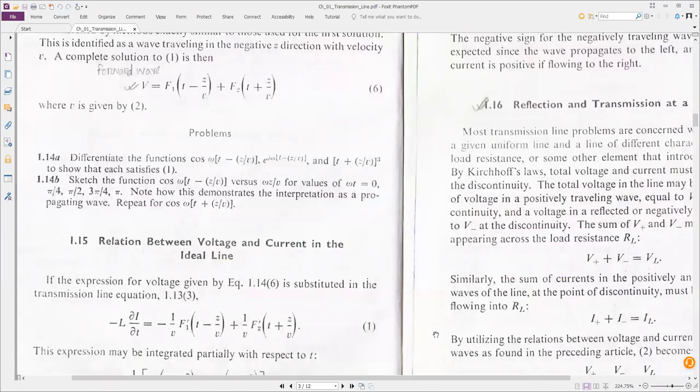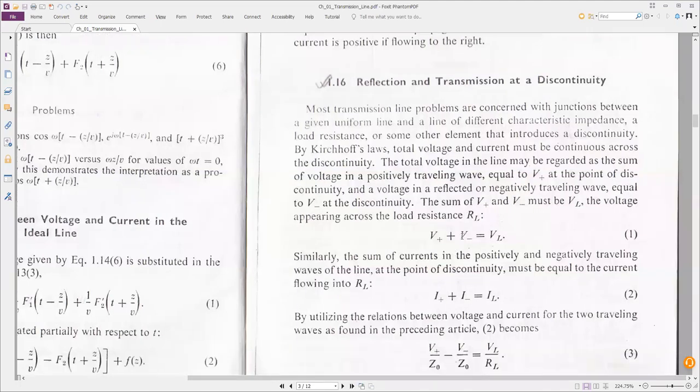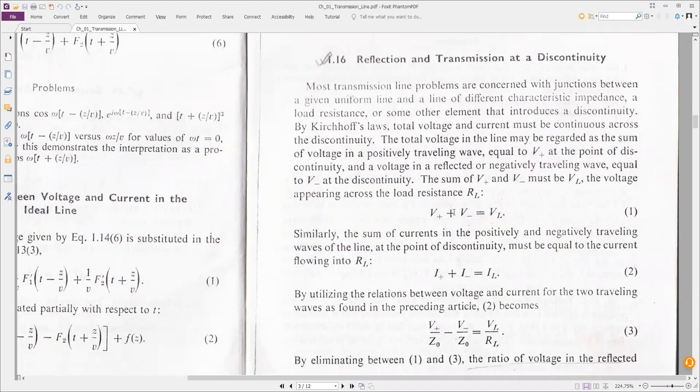Now let's start another one: reflection and transmission at discontinuity. Let's look at another one here.